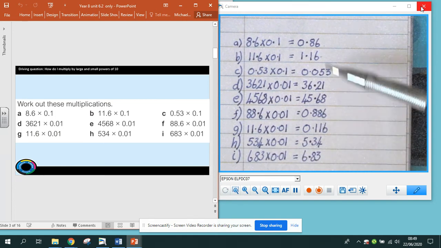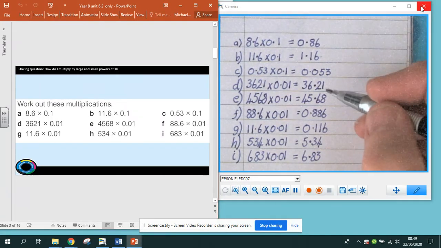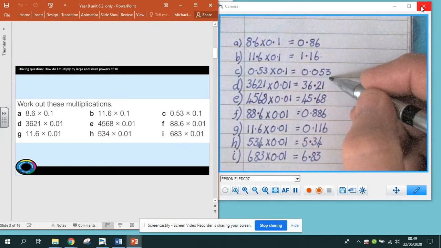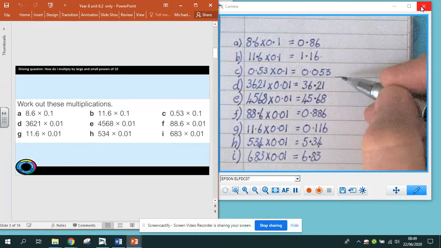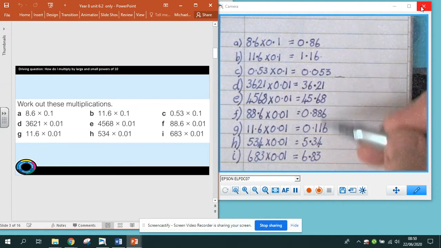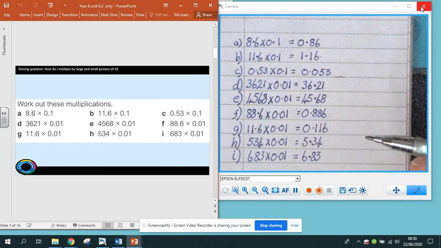So in each case, for the first 3, we move the numbers 1 place to the right. For the rest of them, we move the numbers 2 places to the right. If you need to write any corrections, pause the lesson now and return when you're ready.